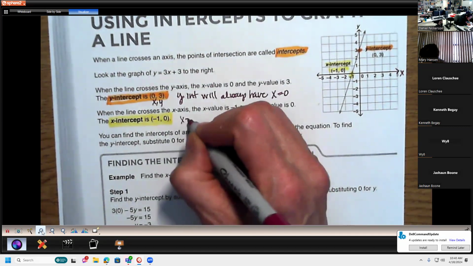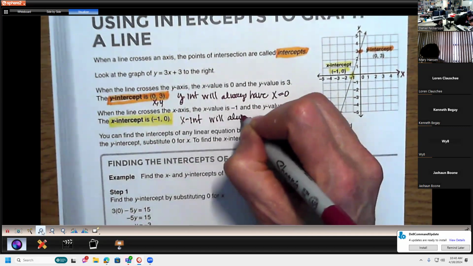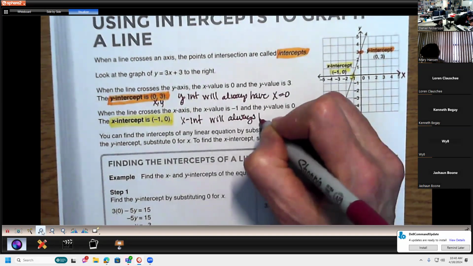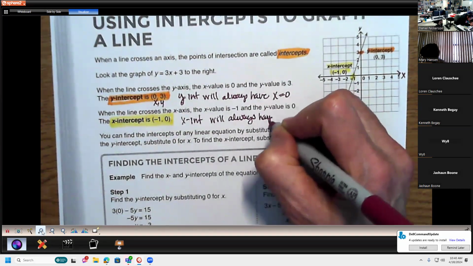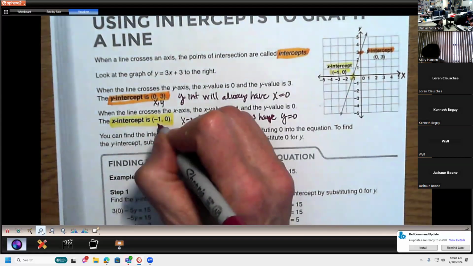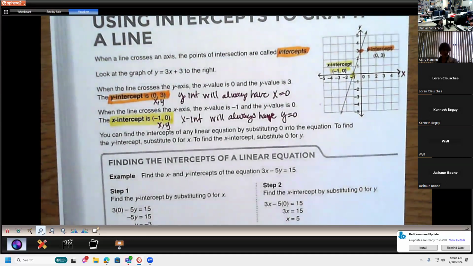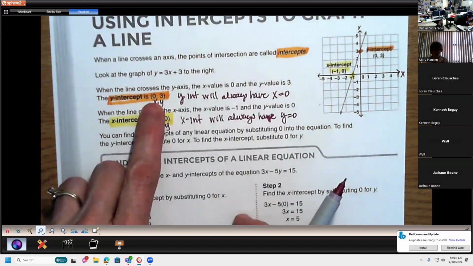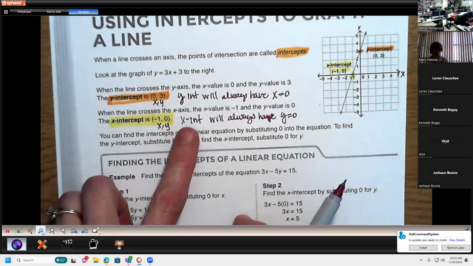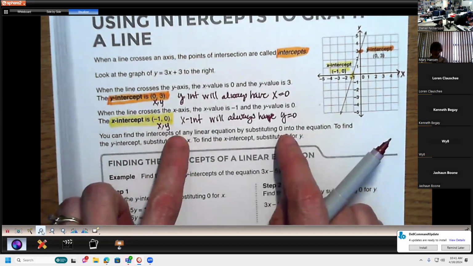And our x-intercept will always have y equal to 0 in our xy coordinate. So it's kind of reversed. The y-intercept has the first x value as 0, and the x-intercept always has the second y value as 0.